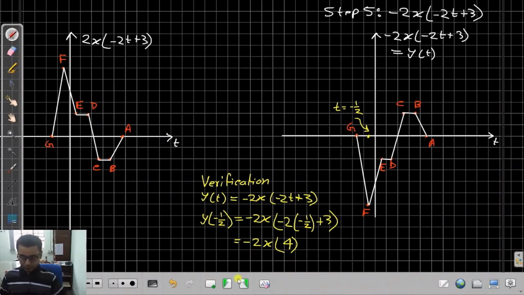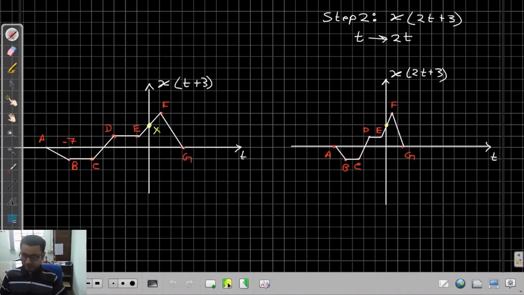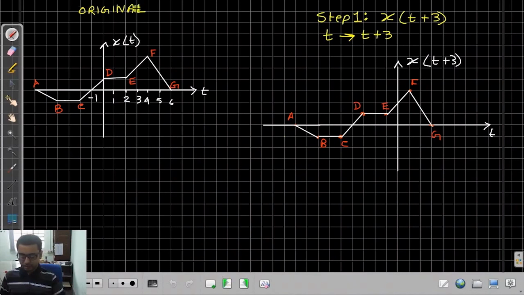So let us go back to the original curve and find the value of x of 4. Here is the original curve, and x of 4 is equal to 3. And this point you see is labeled as F. So x of 4 is 3.